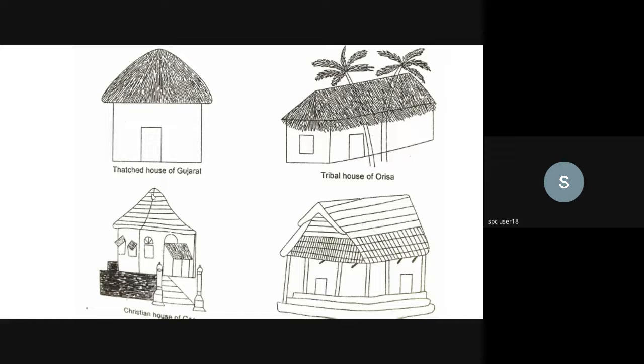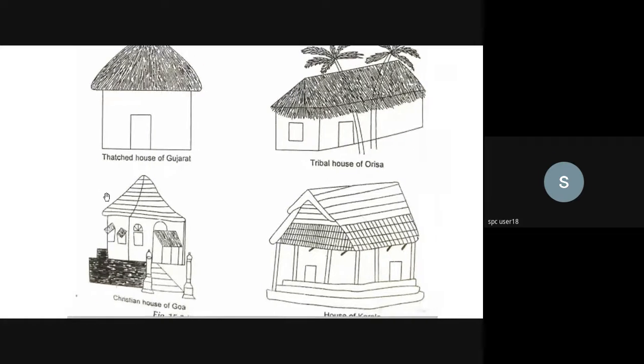And then you have this peculiar impact of Christianity as far as the Portugal impact in Goa is concerned as such. The heavy rains keep it conical as such. Then you'll see that it's built at a bit of a high level as compared to the other dwellings we have seen.